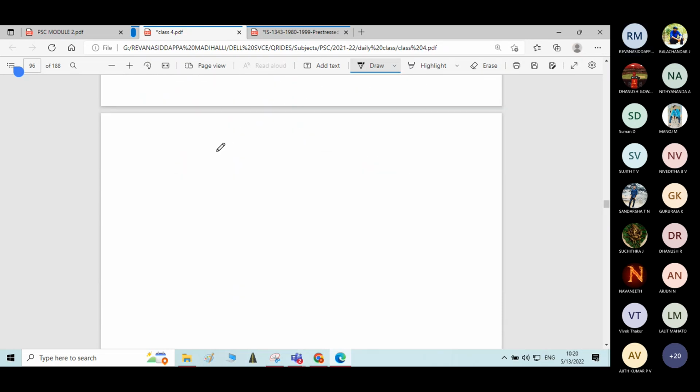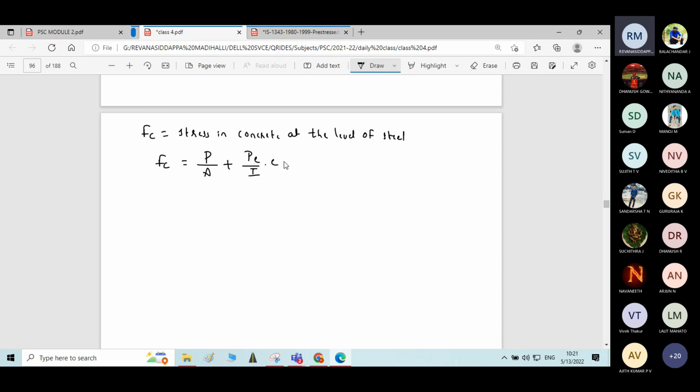What is fc? Stress in concrete at the level of steel. The formula for fc is P by A plus P e by I into e minus M by I into e.